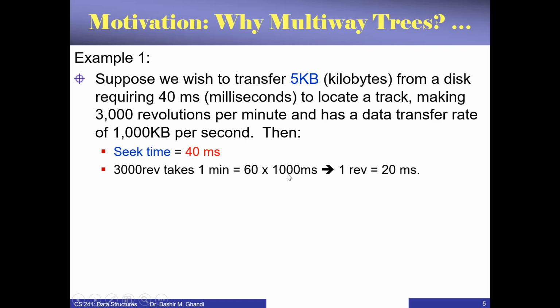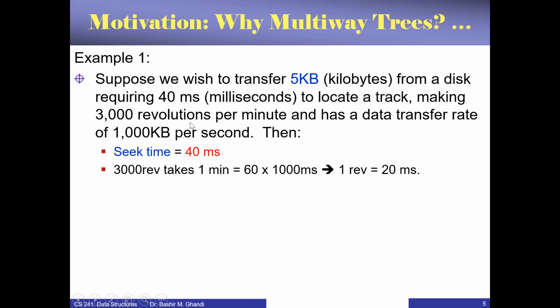The question is, what will one revolution take? One revolution or one cycle will take this amount divided by 3000, which is 20 milliseconds. You can see that the 1000 will cancel the zeros here, and we just have 60 divided by 3, which is going to be 20 milliseconds.